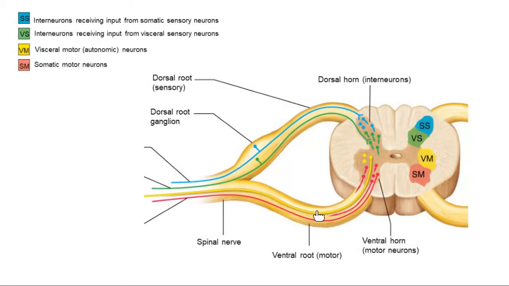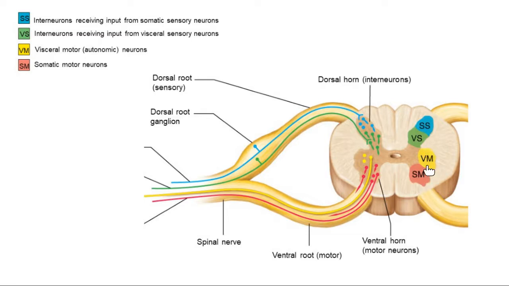When we look at this picture, we have color-coded for us the different kinds of neurons that are found in various places. We talked about how the ventral horn had what were called somatic motor neurons in them, or motor neurons that control skeletal muscle. So motor neurons here that do skeletal muscle, somatic motor neurons.